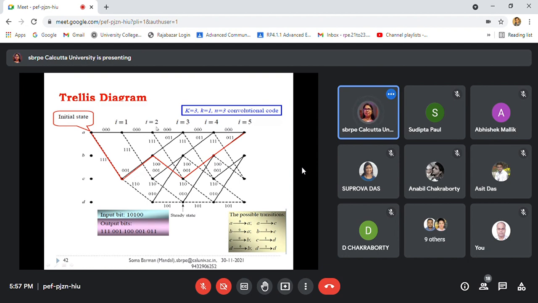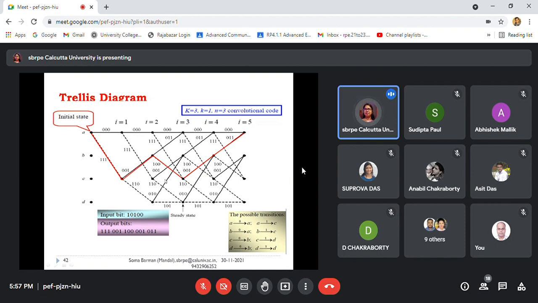Now i equal to 2, that means the third stage. How many nodes do you reach? A node, B node, C node, and D node. For each node, always 2 paths will be diverged. One path, two path, again for the B node 1, 2, for the C node 1, 2, for the D node 1 and 2.